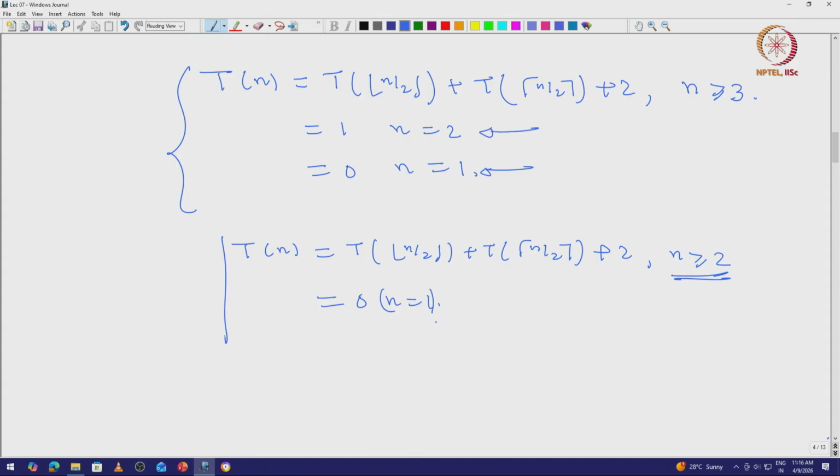For this recurrence equation, T of n equals 2n minus 2. What about this recurrence equation? What is the solution of this? Is it more efficient first of all, or less efficient, or except for some values is it the same?